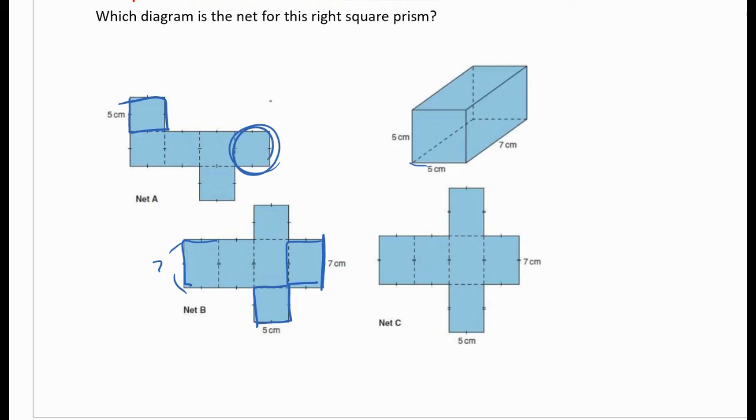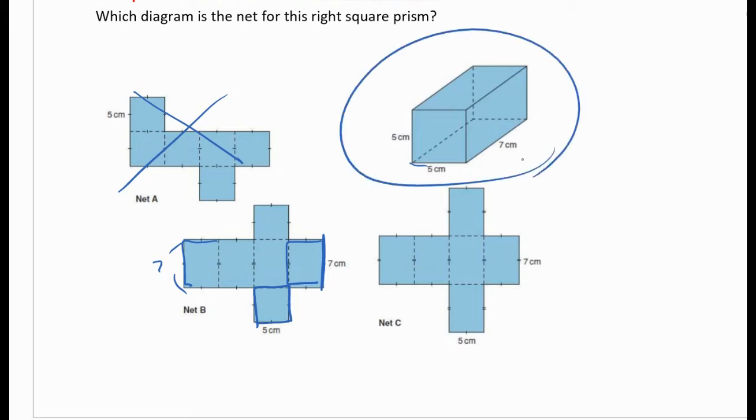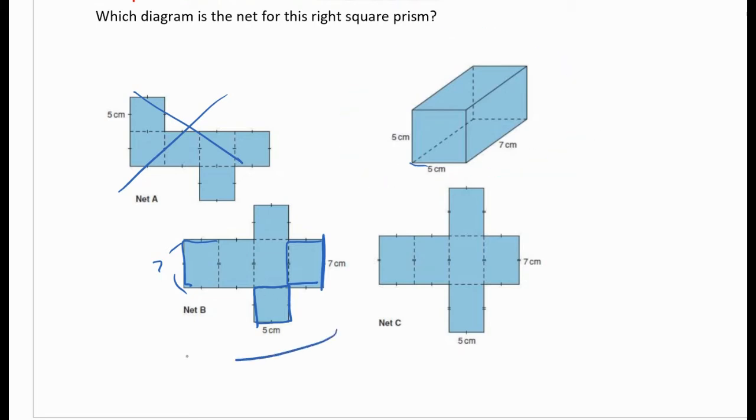But if you look, this is more like a cube. This doesn't look like 7 centimeters. This one should be 7 centimeters. But this looks like 5 centimeters because it says this length is the same as this length. So this is not a proper net for this right square prism. Okay? So the answer is net B.